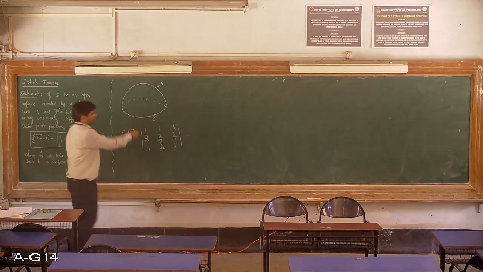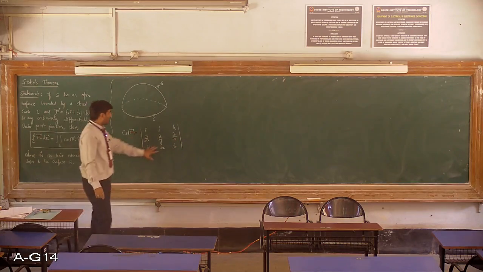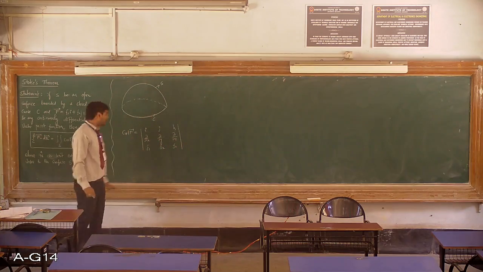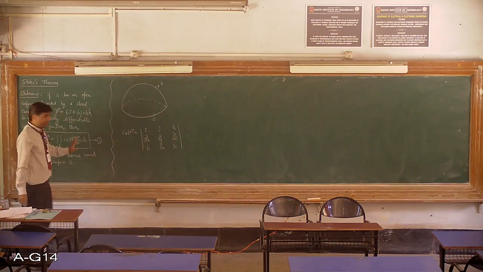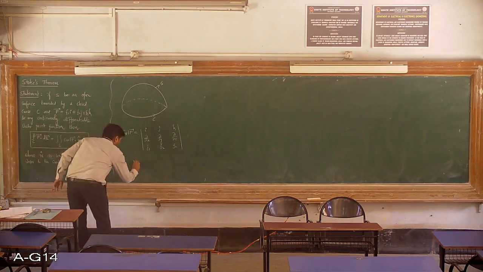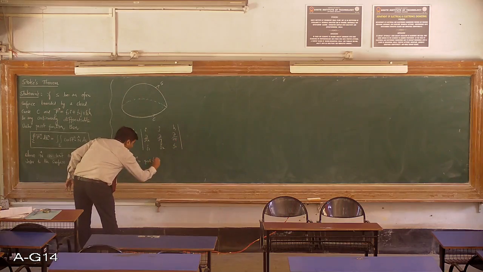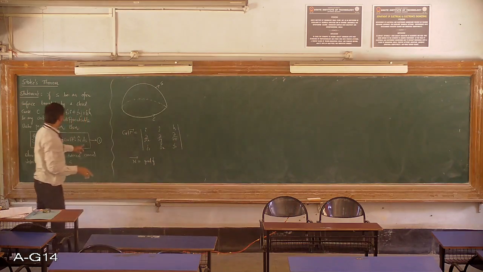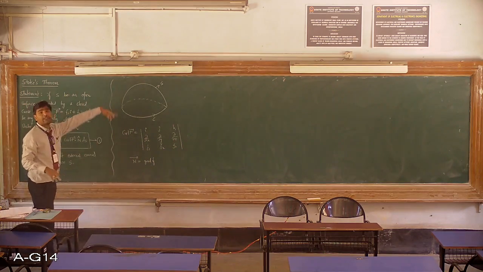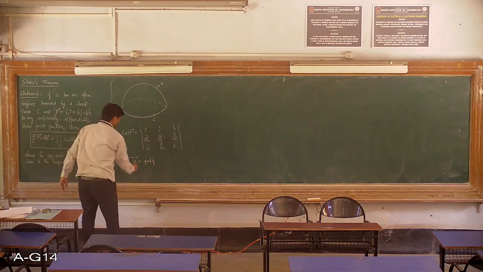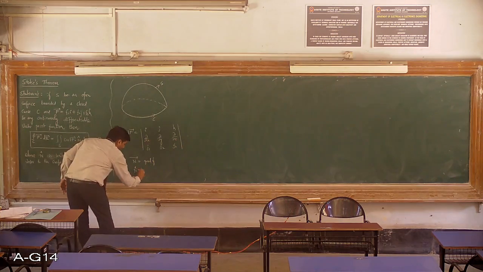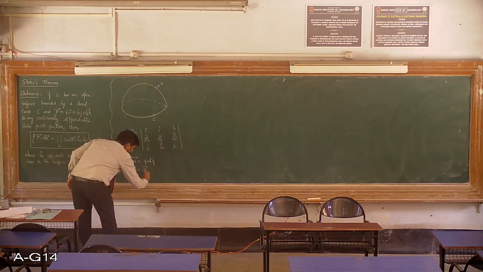Expanding this determinant gives curl F. For n cap, first find the gradient of the given surface, vector n, and then n cap is equal to vector n divided by modulus of vector n.